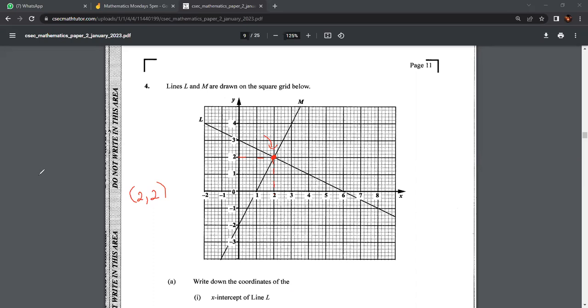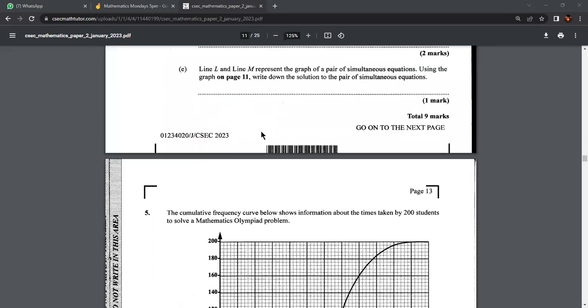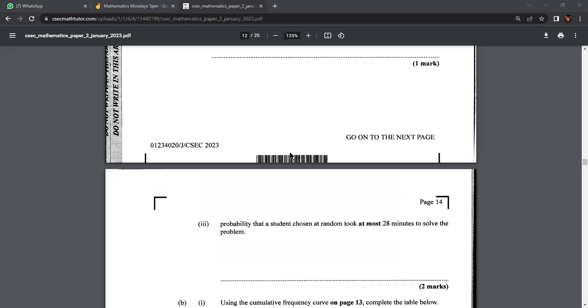All right, so that's it for class for today. We'll close off here for now. Next week, please God, I'm going to look at the cumulative curve.